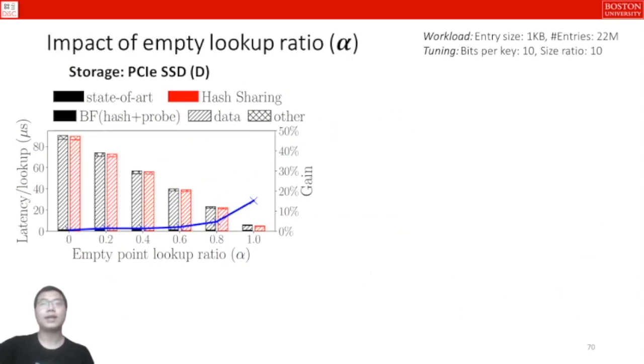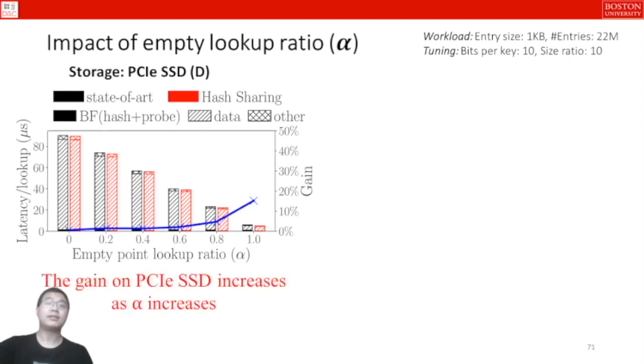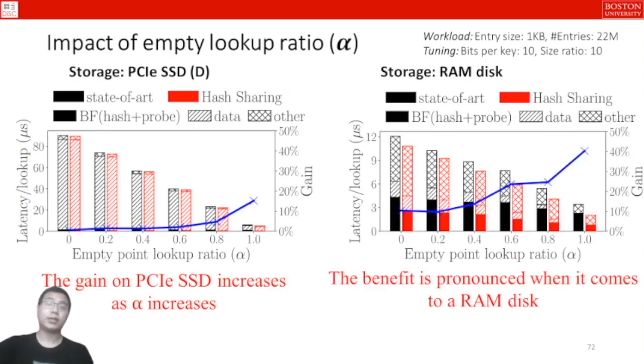In our last experiment, we varied the empty lookup ratio alpha. As you can see from the x-axis, we varied alpha from 0 to 1. According to the experiment on PCIe SSD, the gain increases up to 20% as alpha increases. When it comes to a RAM disk, the benefit is pronounced and the gain increases to around 40%.